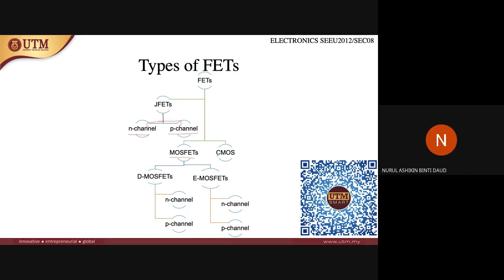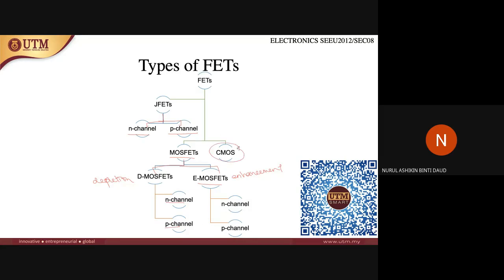Then MOSFET can be divided into two categories, which are D MOSFET, known as depletion MOSFET, or E MOSFET, which is known as enhancement MOSFET. Each of them can be separated into two types, which are N channel or P channel, right?